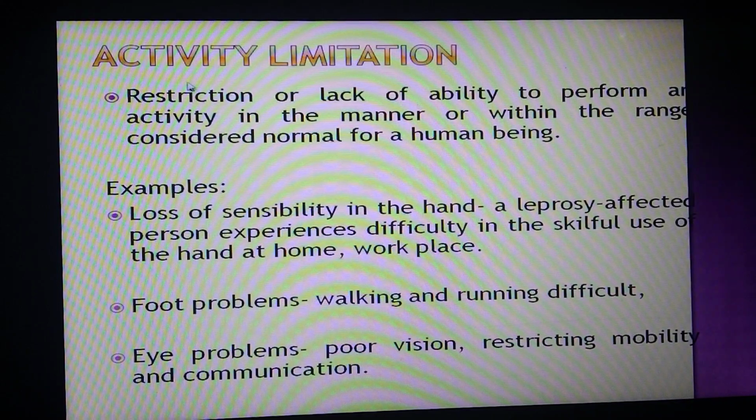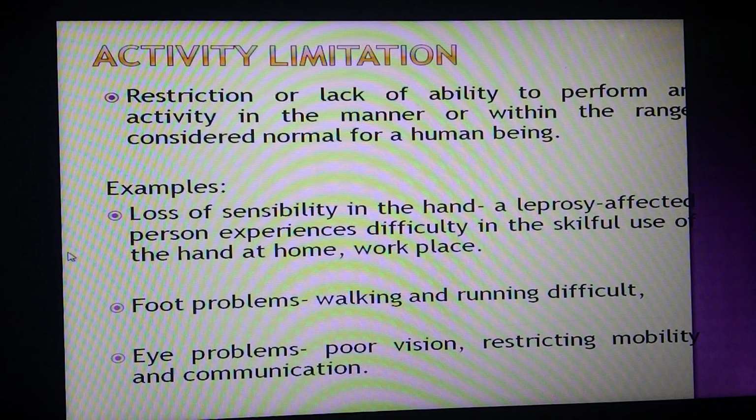Activity limitations. Activity limitations are the restriction or lack of ability to perform an activity in the manner or within the range considered normal for a human being. The examples of activity limitations: first is loss of sensitivity in the hand.